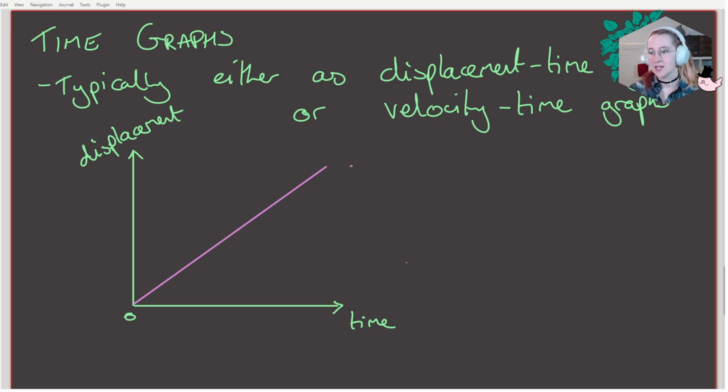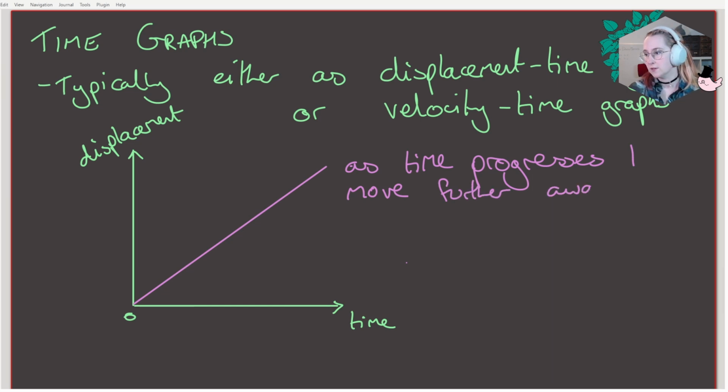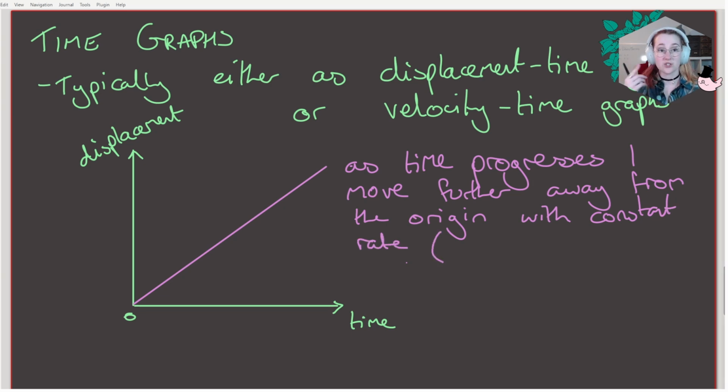So what this tells me is, as time progresses, I move further away from the origin with constant rate. Okay, and that constant rate of change of displacement is exactly constant velocity.